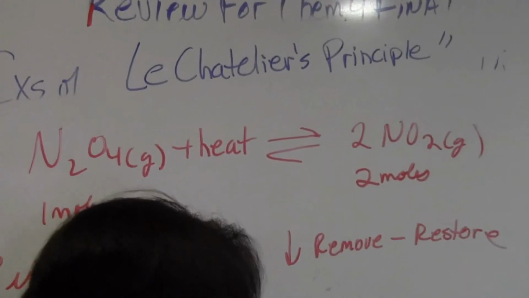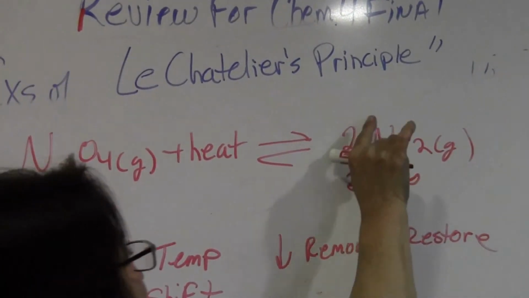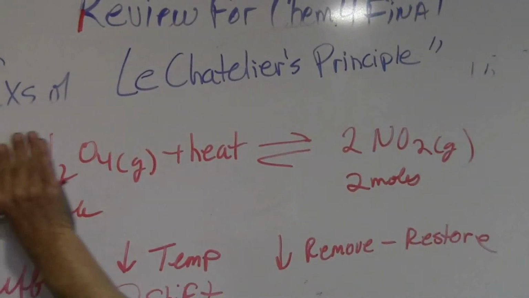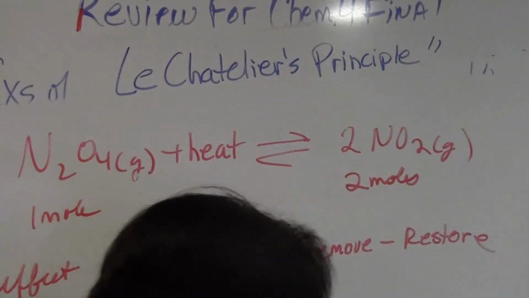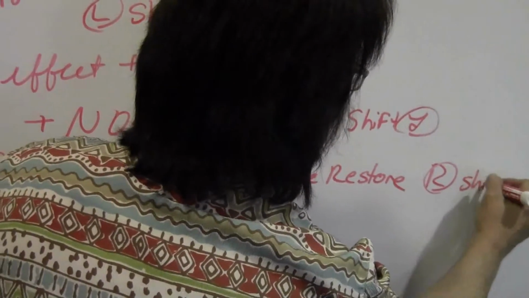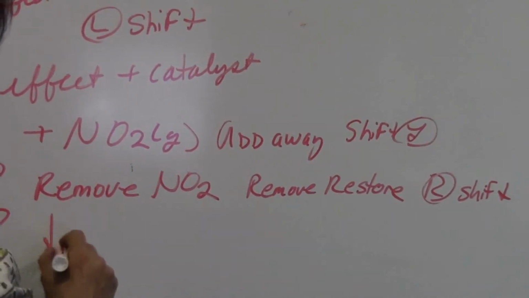If you remove, it's remove, restore. So whatever the side is that you remove from, the equation's going to shift to restore it. So that's going to be a right shift.